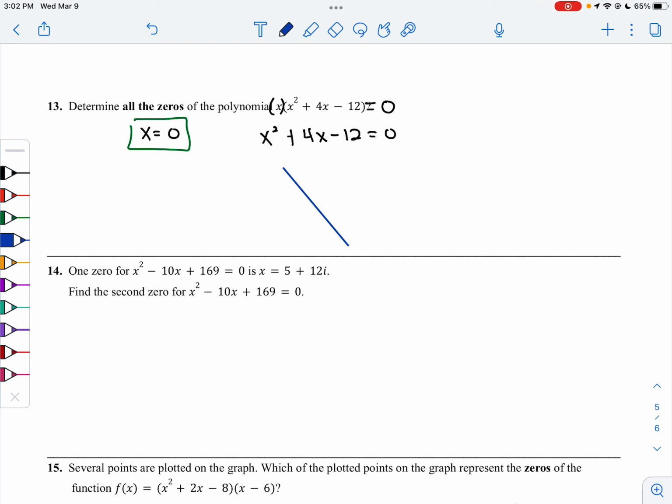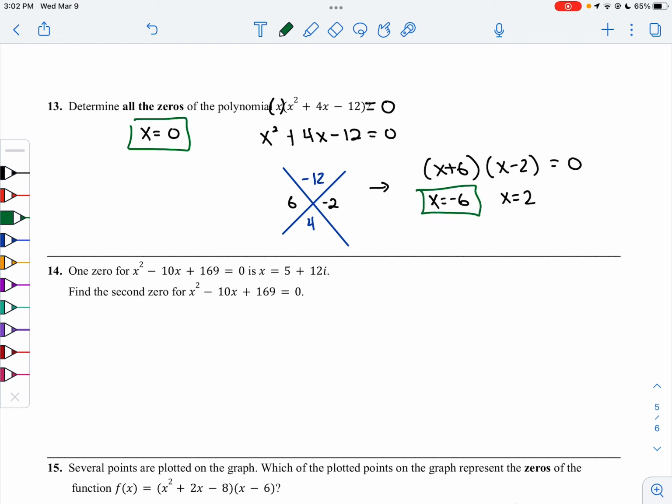And then we can do a little diamond method here. Negative 12 on top, 4 on the bottom. Factors of 12 that add to 4. I'm going to get a positive 6 and a negative 2. So then what does this become? x plus 6, x minus 2 equals 0. So my other two zeros are negative 6 and positive 2.